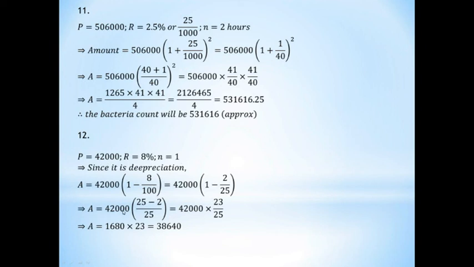So amount equals 42,000. Inside the bracket, taking 25 as the LCM, we'll have 25 minus 2. Then 42,000 into 25 minus 2, which is 23, by 25 will be there still. Then after simplifying that, you will see that 38,640 will be the answer.